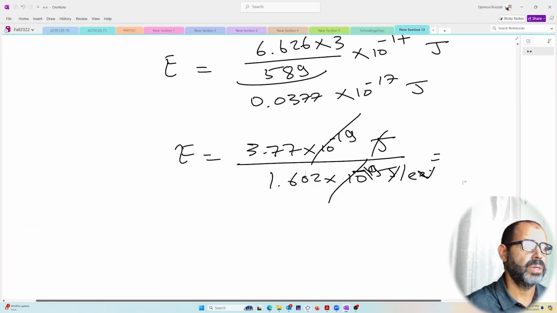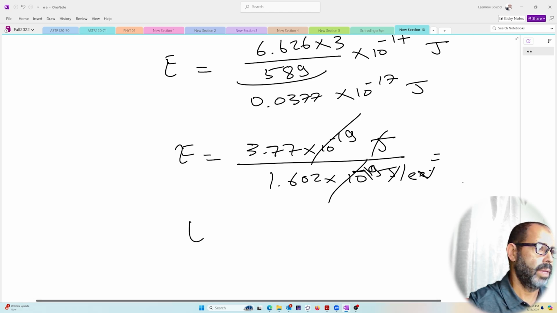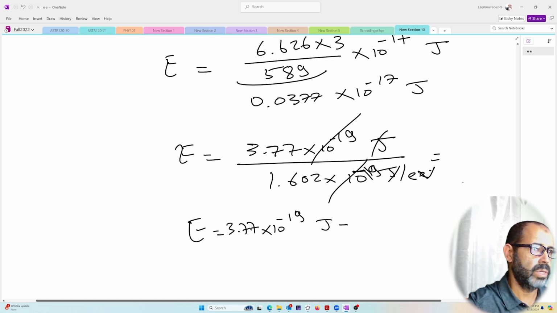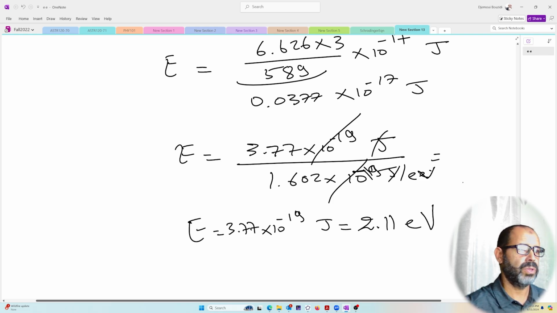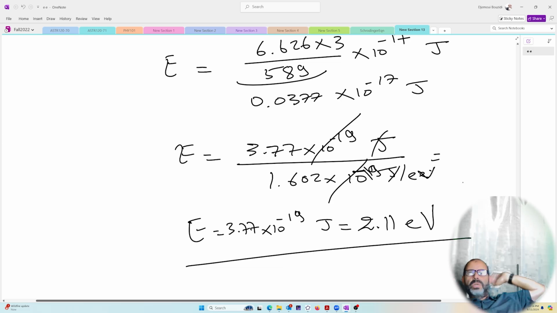So that's another option of saying, okay, either the energy is 3.77 times 10 to the negative 19 joules, which is the same as saying 2.11 electron volts. Both answers are correct. So if you just stick to the joules, you're fine.